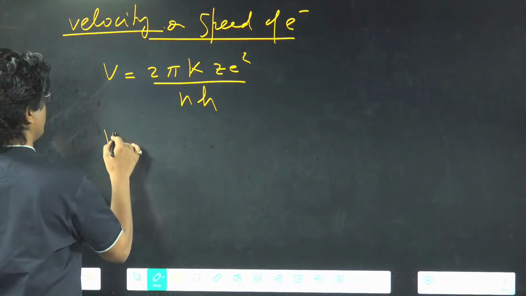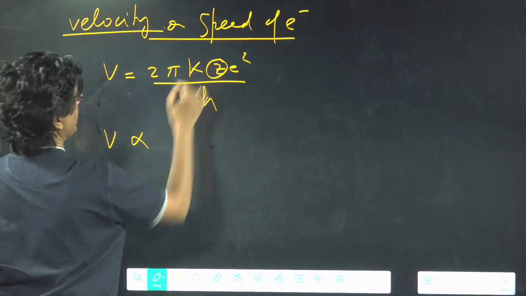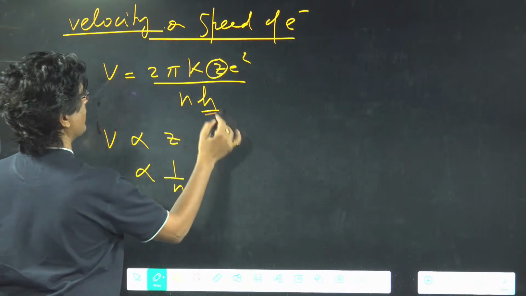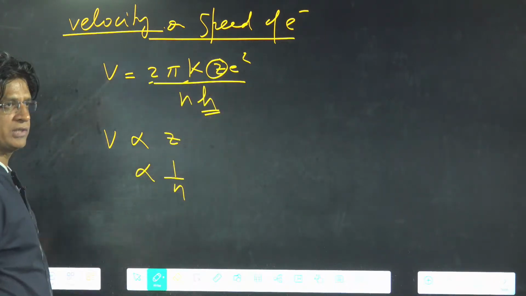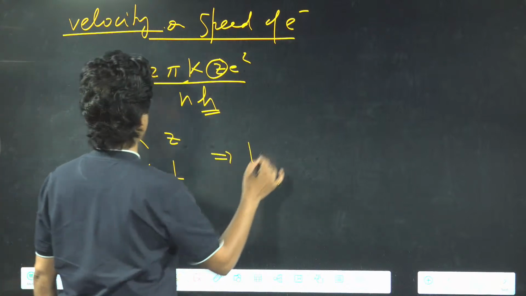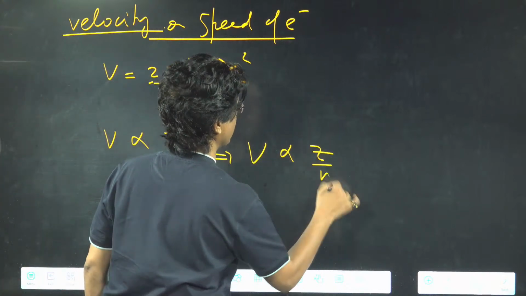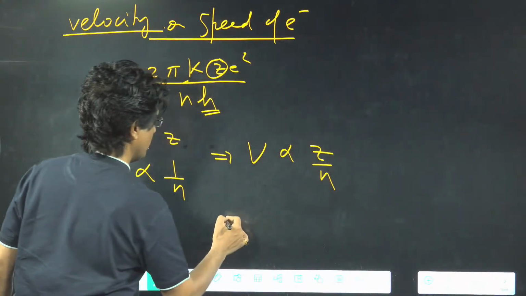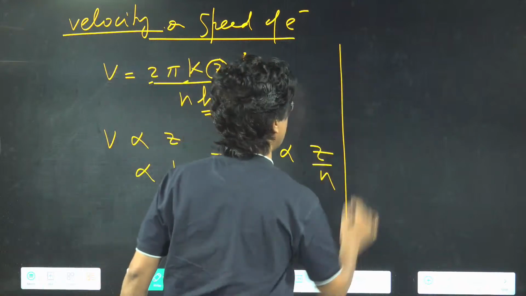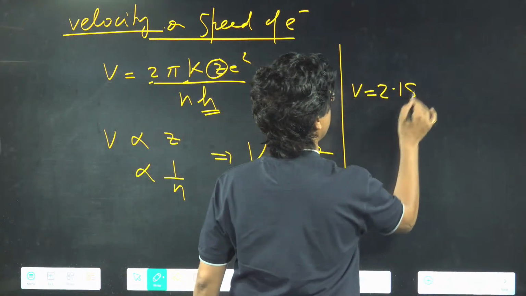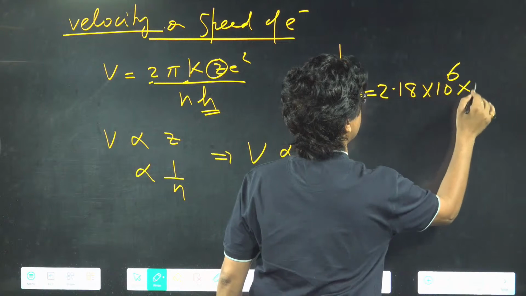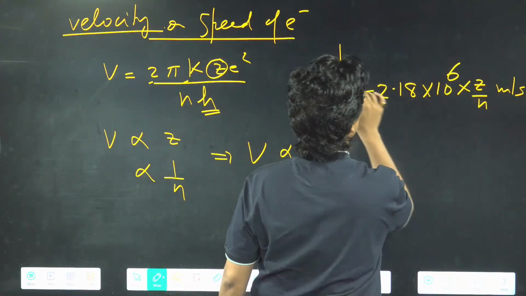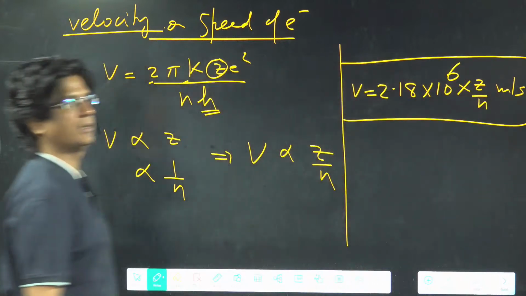Remember that this V is proportional to Z, but also proportional to 1 upon n. Rest all are constant. So can I say from here that V is proportional to Z by n? Also, if I go with the value, V will be equal to 2.18 into 10 to power 6 into Z by n, meter per second. Very, very important.